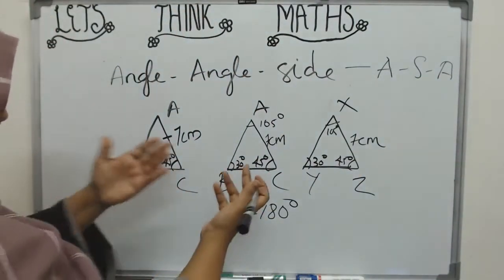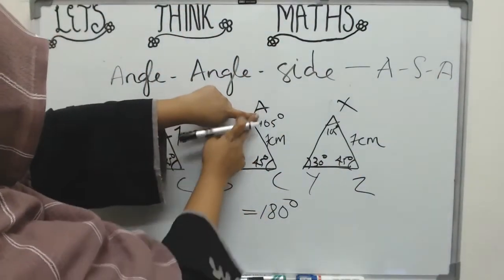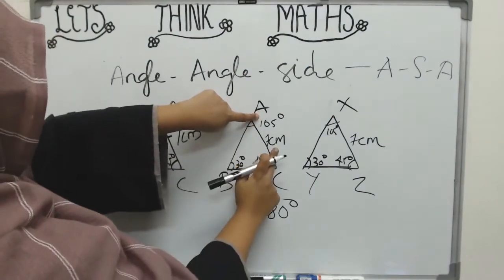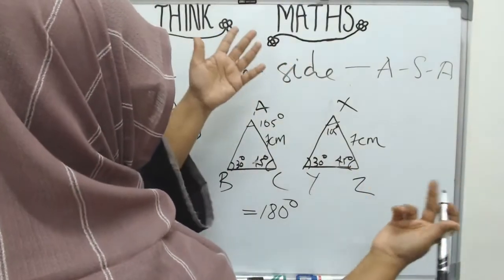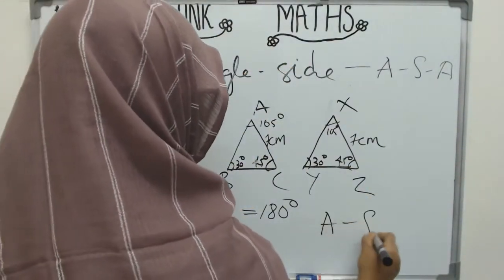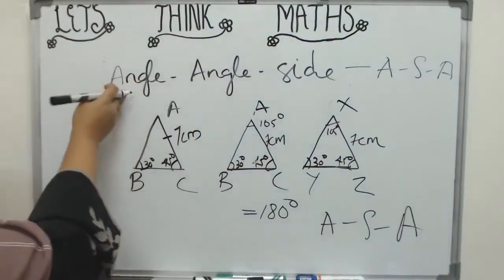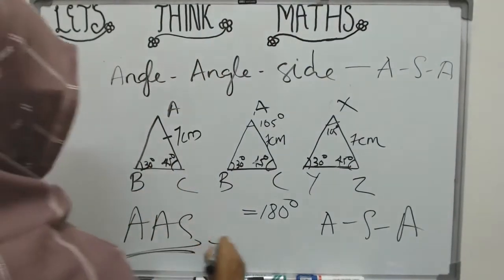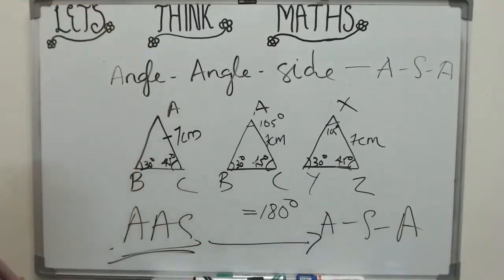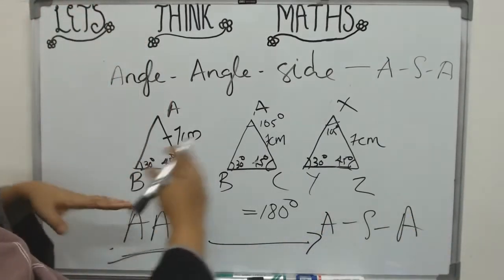Right? What have we done? Now we have got two angles and the side between them. Two angles and the side between them. So what is that? That is angle side angle. So though we started with AAS, finally we have arrived at ASA. So that is why this is basically a derivation.